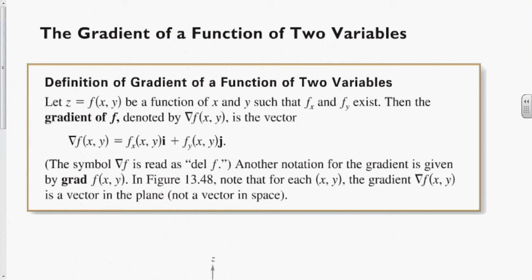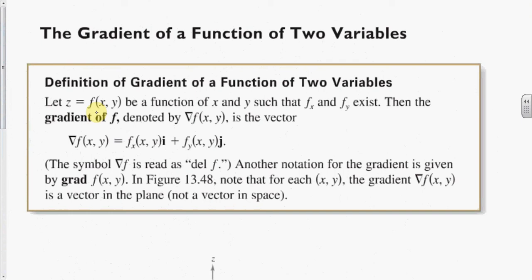Those partial derivatives, when you collect them and talk about them as a unit, that is, if I find the partial of f with respect to x, the partial of f with respect to y, and I make that a vector, that's called the gradient. So just take all the partial derivatives and collect them, and that's called the gradient. So here, f is some function of x and y, and it could be a function of several variables.